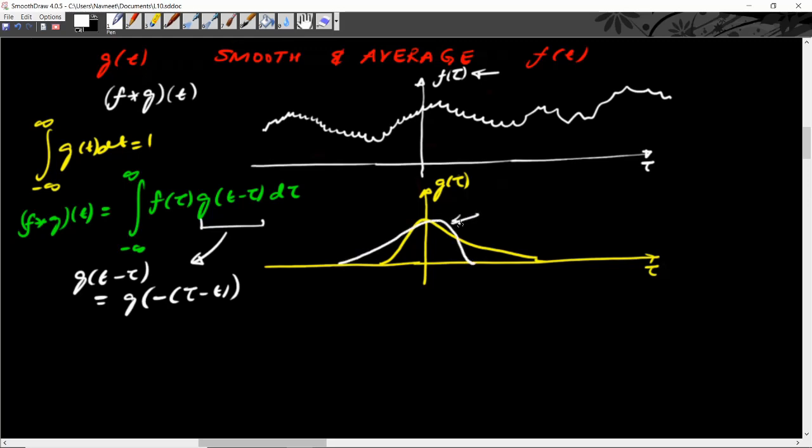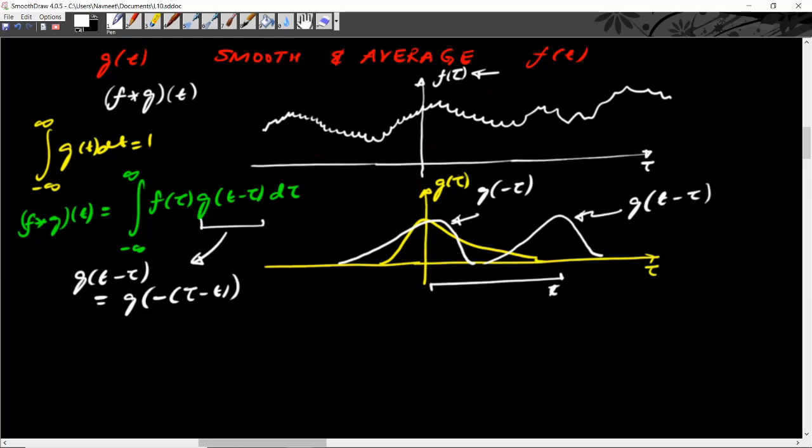So this is my function g of minus tau, and then I translate this flipped function, let's say by time t, and I'll get this function like this, and this is my function g of t minus tau.